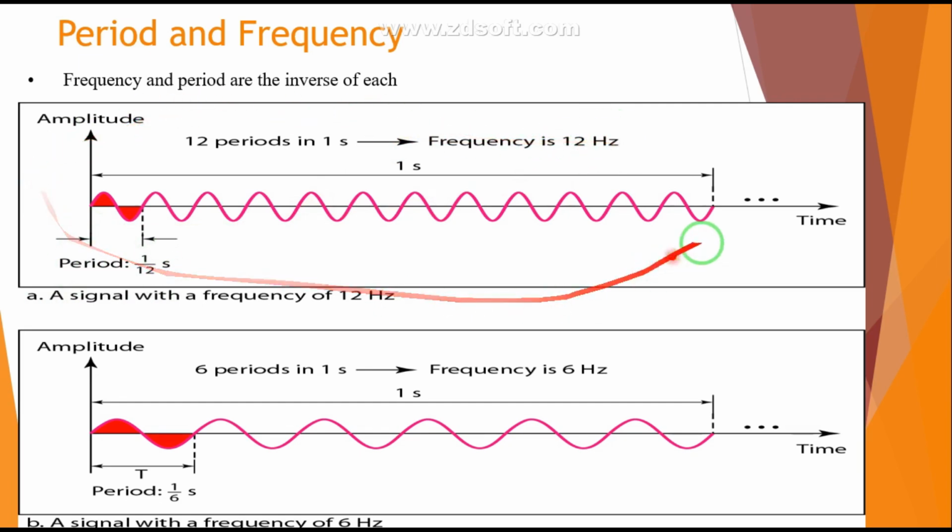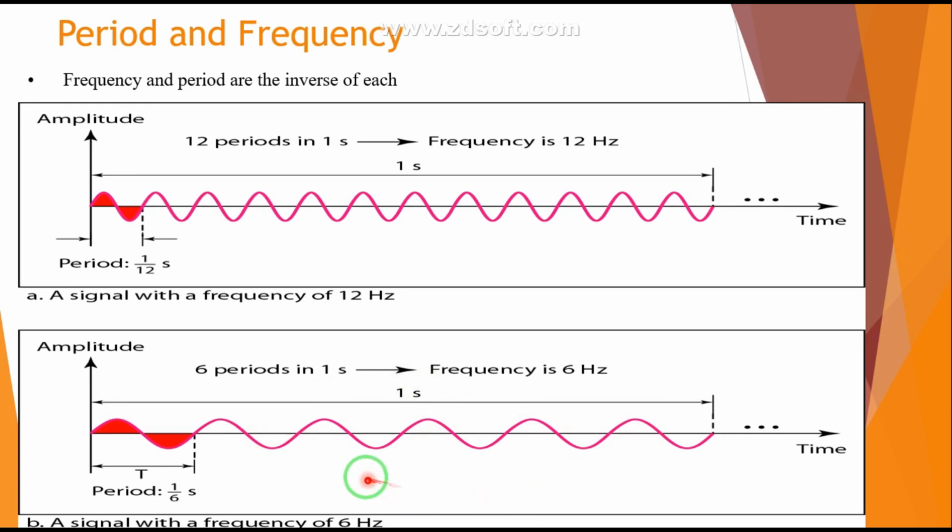This is the first example. In the second example, you can see how many cycles there are, you can measure it. This is one complete cycle, second complete cycle, third, fourth, fifth and sixth cycles. So how many cycles in 1 second? In 1 second, 6 cycles. So what is the frequency? It is 6 hertz.